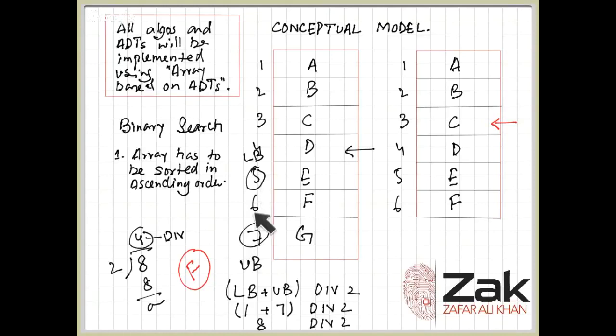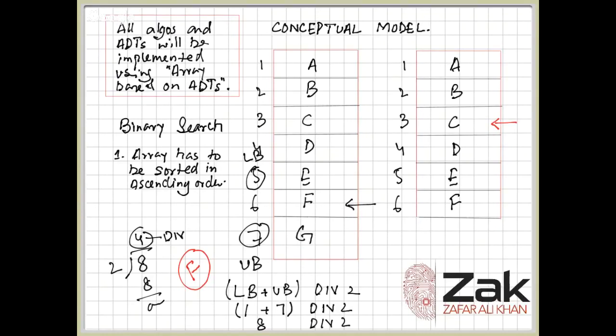Then 5 plus 7, what is that? 12. 12 div 2, 6. You reach 6. Now your middle is 6. You look for the value. If it matches, okay, it is found.